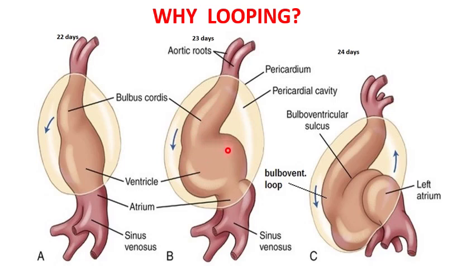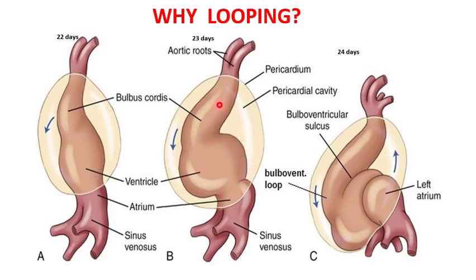Till this bulboventricular loop is formed, the atria and sinus venosus are outside the pericardial sac because the transverse sinus has not yet formed. Once the transverse sinus has been formed and the dorsal mesocardium regresses, there is space for the atrium to enter into the pericardial cavity.